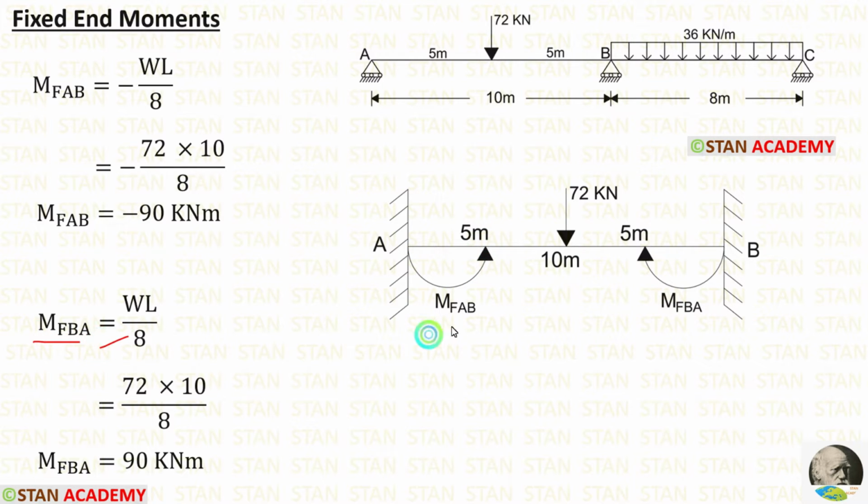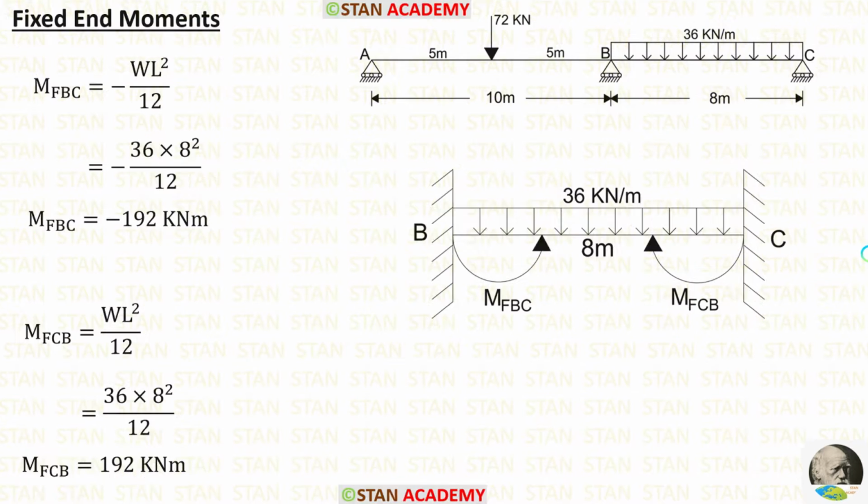M of BA is positive because it is acting in the clockwise direction. Let us apply the values in the formula. W is 72, L is 10. After applying, we are getting M of AB is equal to minus 90 kN meter and M of BA is equal to 90 kN meter.